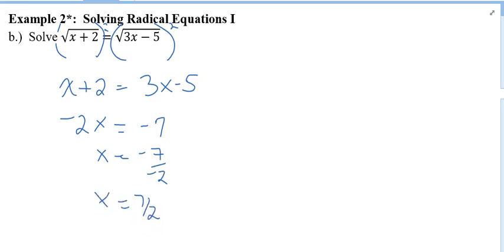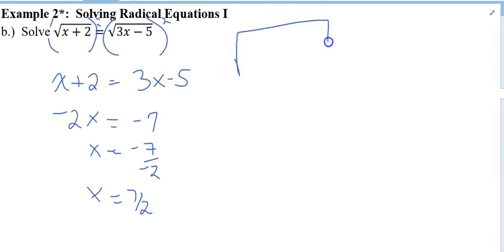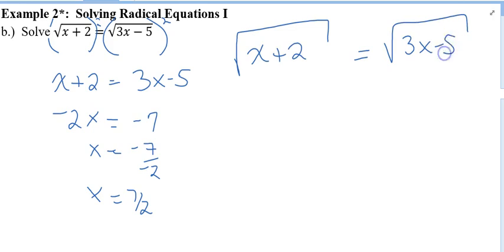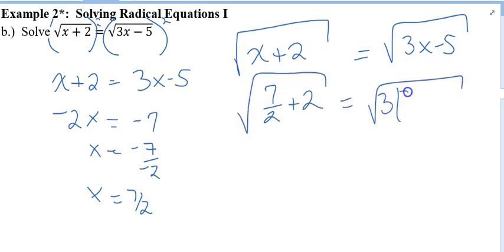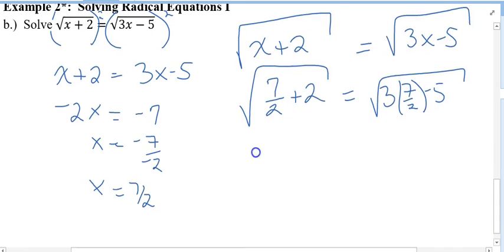So we want to check this. So here we go. Square root of x plus 2 equals square root of 3x minus 5. So we're looking at 7 over 2 plus 2 equals 3 times 7 over 2 minus 5. We do have some fractions we have to deal with here.